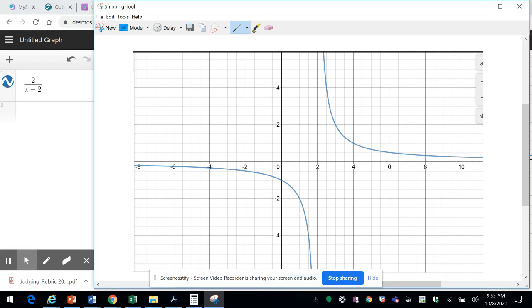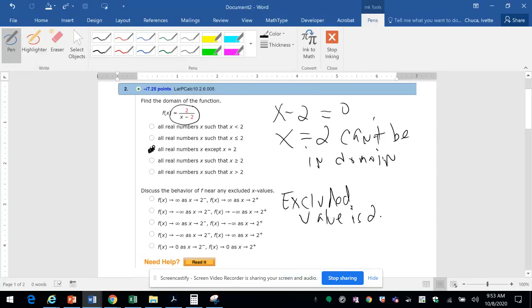So our excluded value here is x equals 2. In the problem, when you see this negative on the 2, that means that the function is approaching this value from the left side. When you see the positive sign, that means that the problem is approaching from the right side.